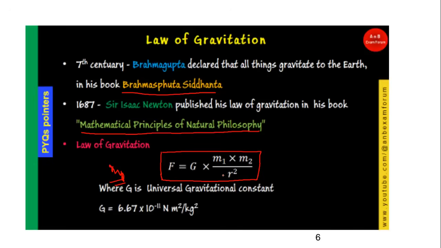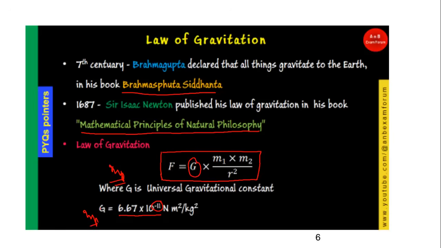The force of attraction is inversely proportional to the square of the distance between them. G is the universal gravitation constant, whose value is 6.67 into 10 power minus 11 Newton meter square per kg square. Just remember, this is minus 11, not plus 11.